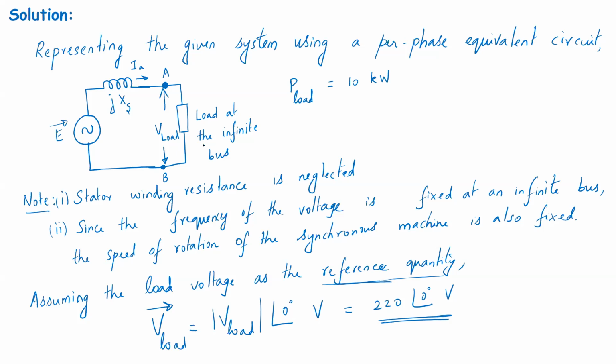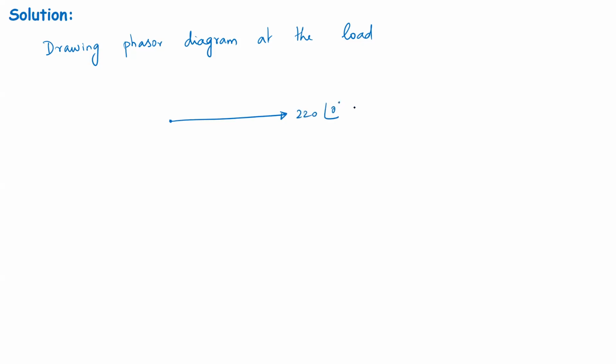And it is said to be lagging, which means if I draw the phasor diagram at the load, my load voltage will be my reference, which is 220 at an angle 0 degree in volts, and the current IA, which is also the load current, is a vector, and it will be lagging the load voltage by an angle, let us say theta.